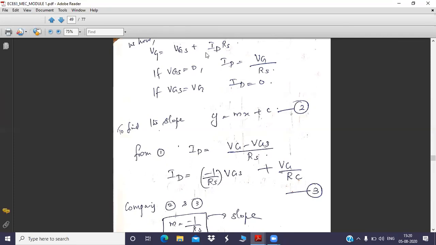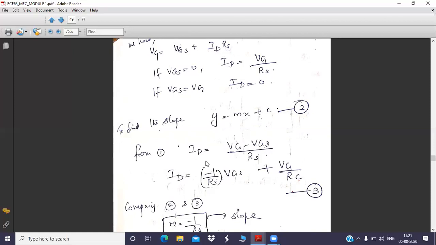Id Rs is equal to VG minus VGS. You take VGS to the other side, and take Rs to the right side. So the equation can be rearranged in this format.